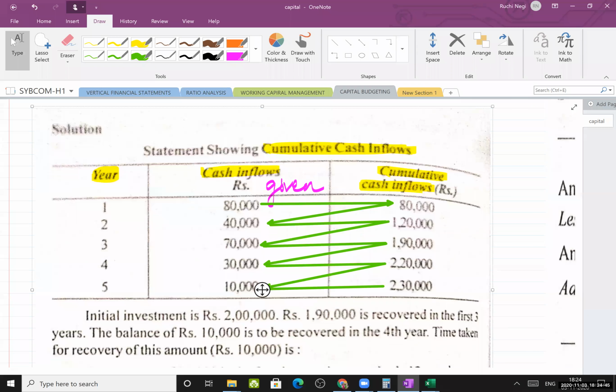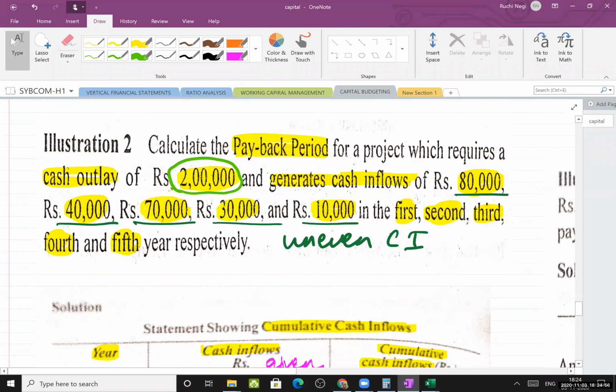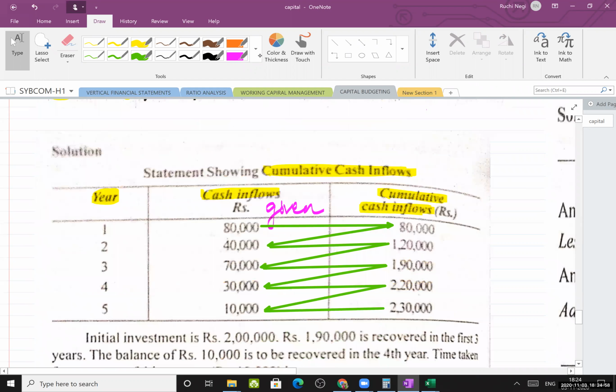So how much is your cash outflow? The cash outlay is 2 lakhs. Okay, now let's check in the cumulative column. Where is 2 lakhs coming? It is coming here. So it will be fully recovered in the 4th year.